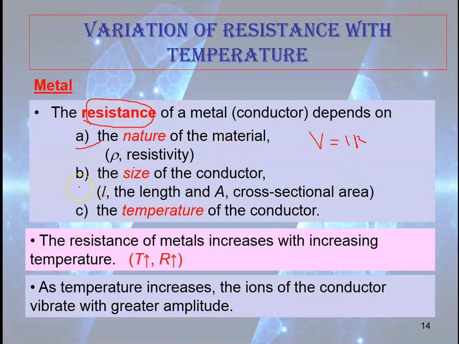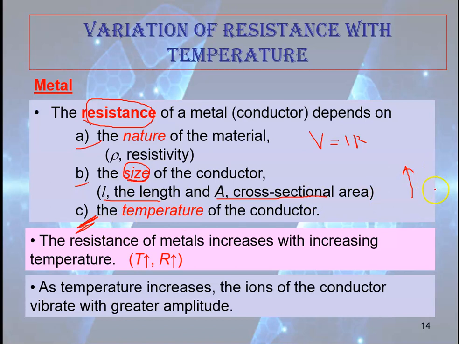The second element that can affect the resistance of the metal is the size of the conductor, which in this case stands for the length and the cross-sectional area. Last but not least is of course the temperature of the conductor. So the higher the temperature, the higher the resistance.